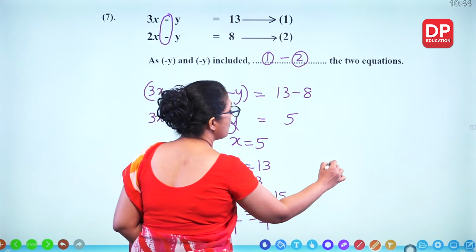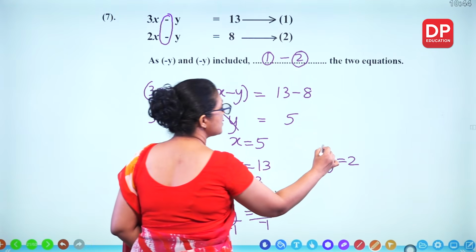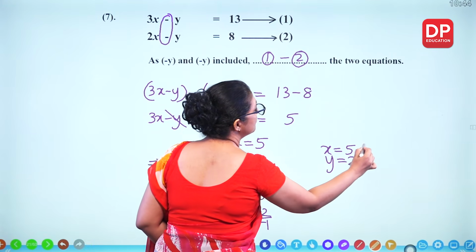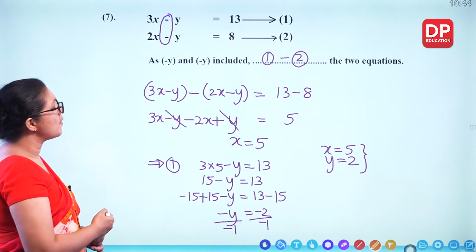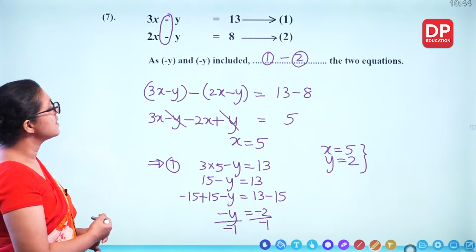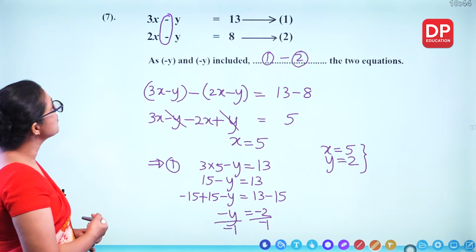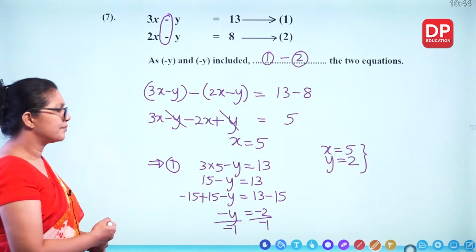You get the y value. y equals 2, x equals 5. Now substitute and see. Second equation, 5 times 2, 10. 10 minus 2, you get 8. First one, 3 times 5, 15 minus 2, 13. So that's correct.